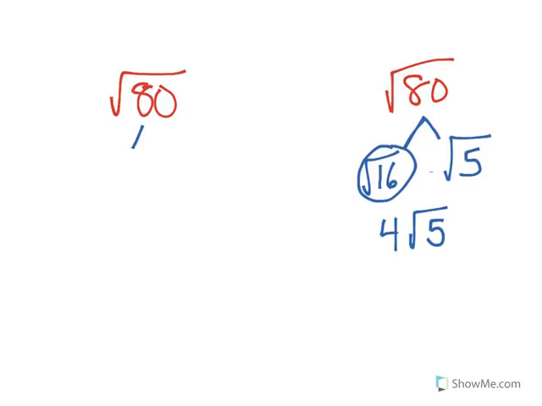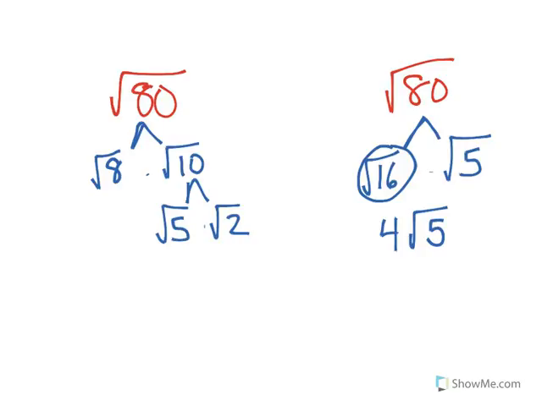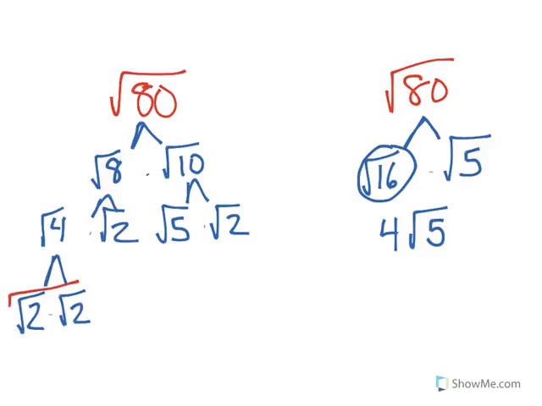Take a look at this traditional way. You find any numbers you want. Let's see, I think simple is something like 8 times 10. This is the way math teachers usually teach this. In my opinion, I can do this a whole lot quicker, but there is nothing wrong with doing it this way. And then I look for pairs. This becomes a whole number.